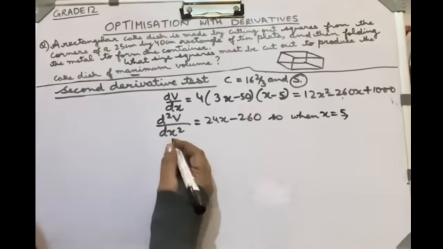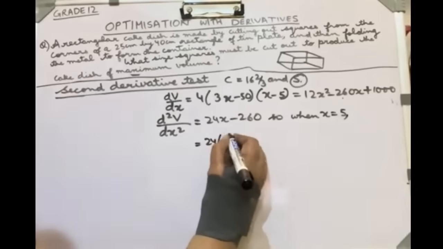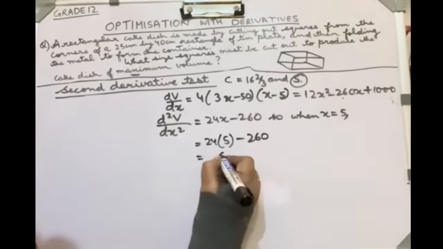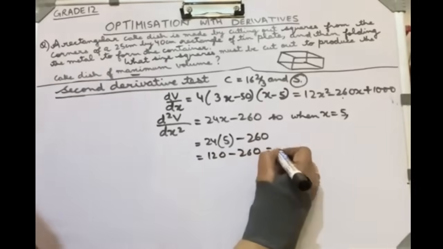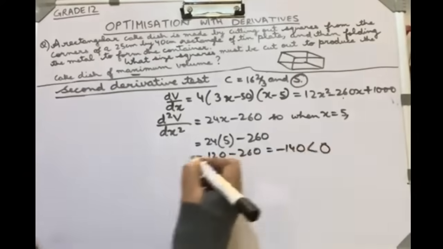So when x is equal to 5, what do we observe? d2V by dx square is 24 multiplied by 5 minus 260. Now 120 minus 260, so the value is minus 140, which is less than 0.